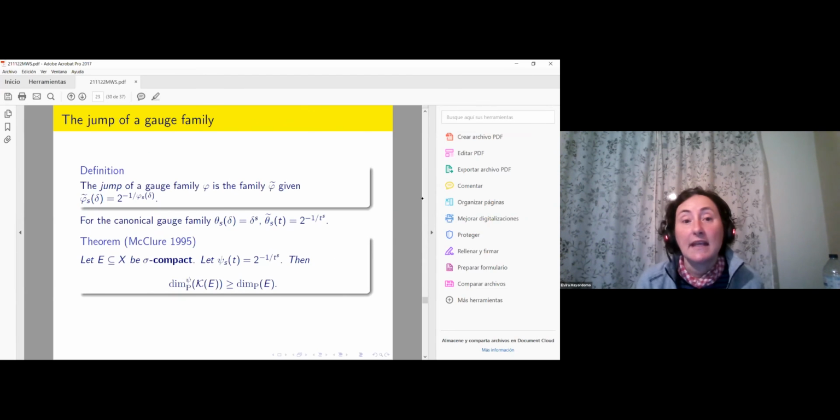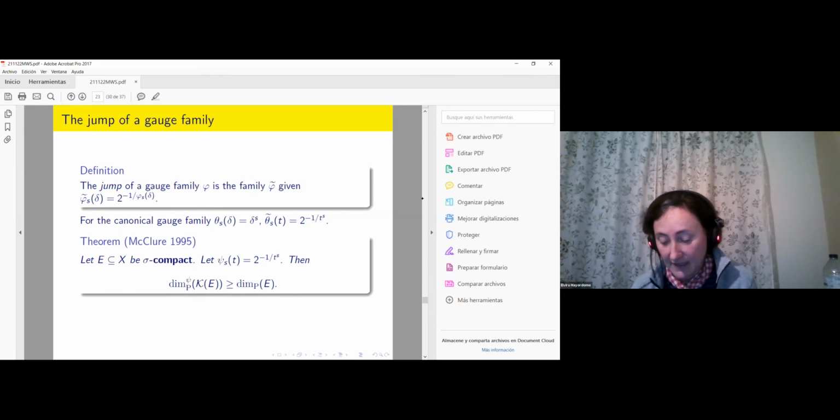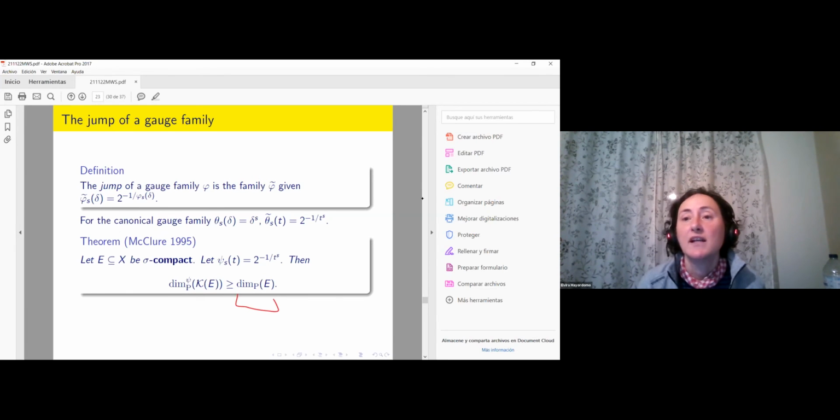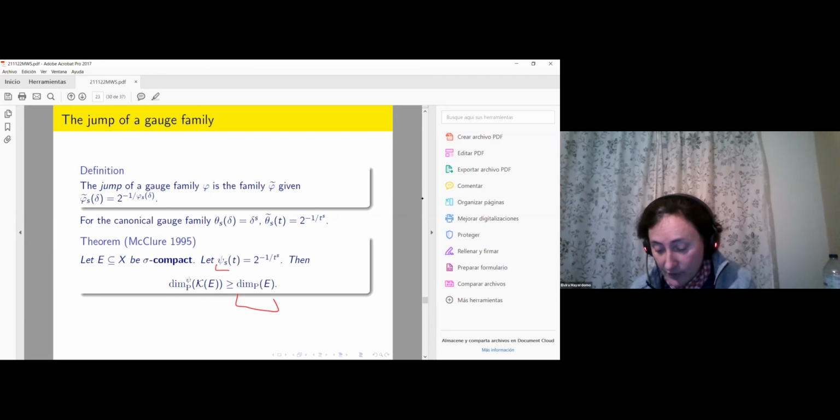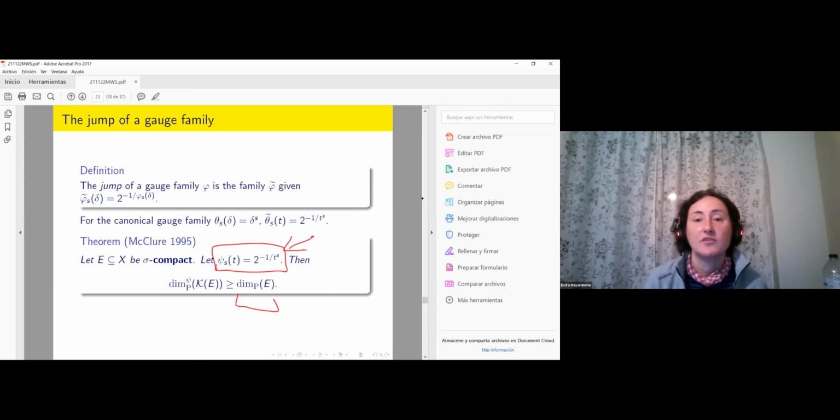So for instance, if you are looking at the dimension with the usual gauge, the basic gauge function, so the original definition of both Hausdorff and packing, then for the hyperspace, you need to use this gauge function, 2 to the minus 1 over t^s.